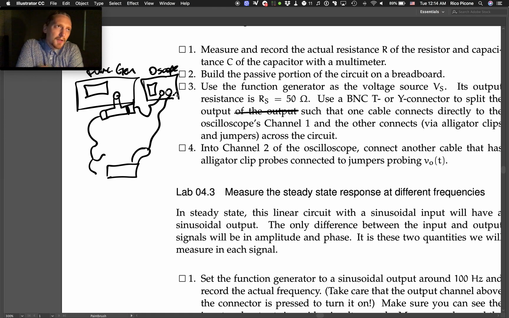Make sure that your triggering situation is set up, and we went through how to use these in the first lab, but make sure that your triggering is set up so that you're getting a nice stable waveform on the graph. I would just trigger off of channel 1, for instance. Make sure your trigger level is set so it's nice and stable.